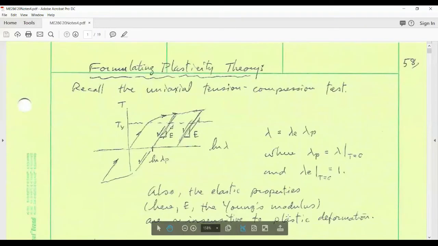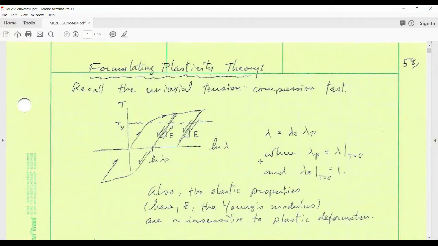Now, if we look back at the uniaxial test, the presumption is when we unload here, lambda E corresponds to a state of zero load in a bar with a uniform state of stress in it. Zero load means zero stress also, right?